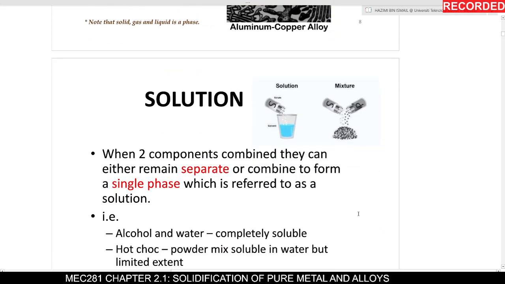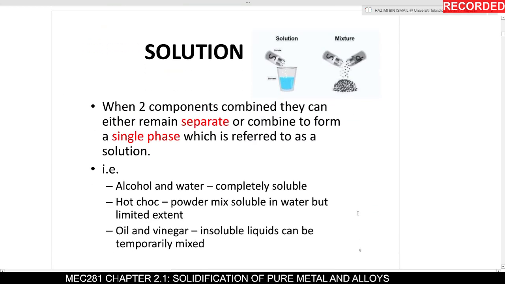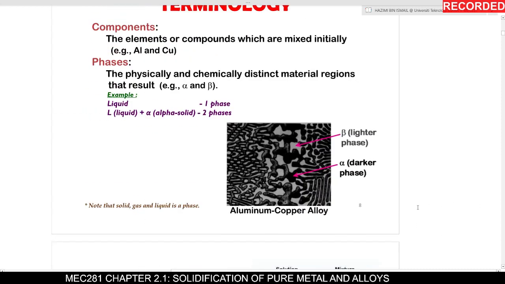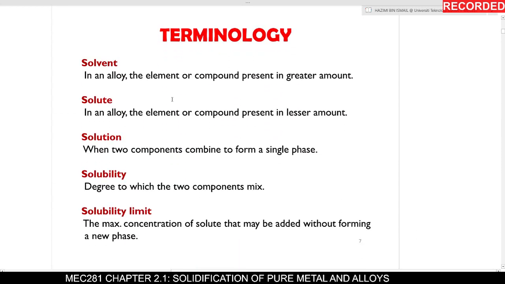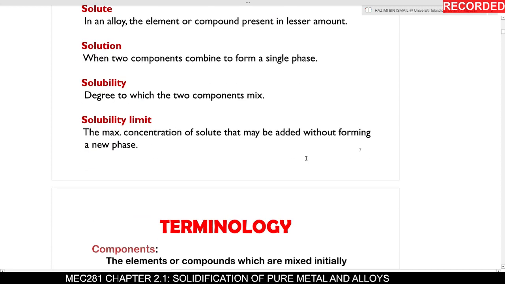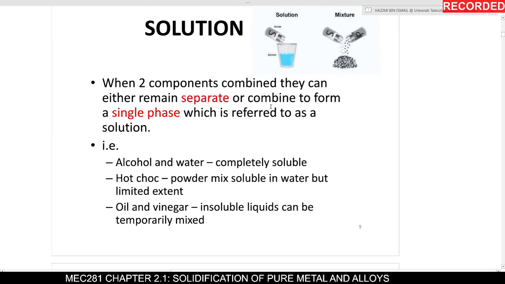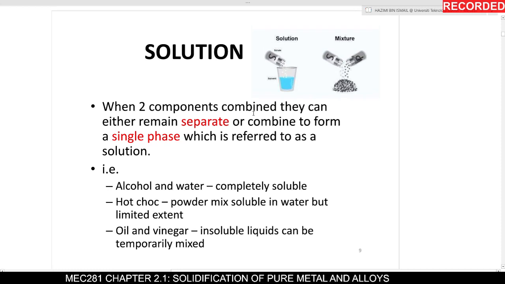Okay, and then we go to the solutions. We go back to this slide. The solution is when two components combine to form a single phase. And then here the solutions, when two components combine, they can either remain separate or combine to form a single phase, which is referred to as a solution.